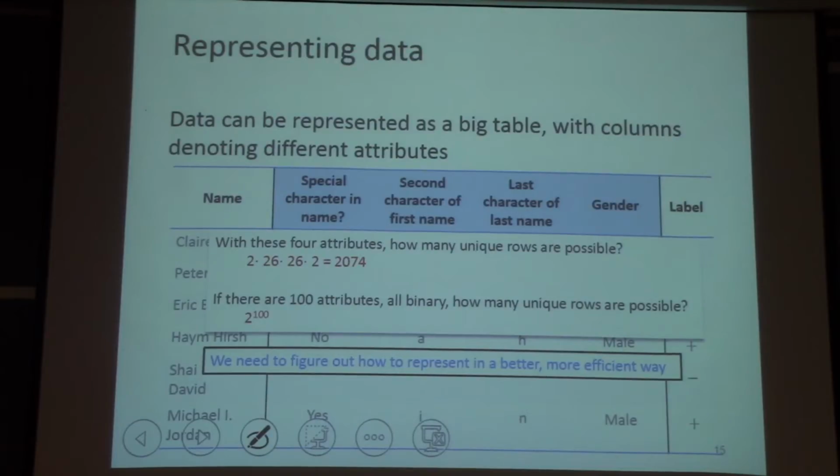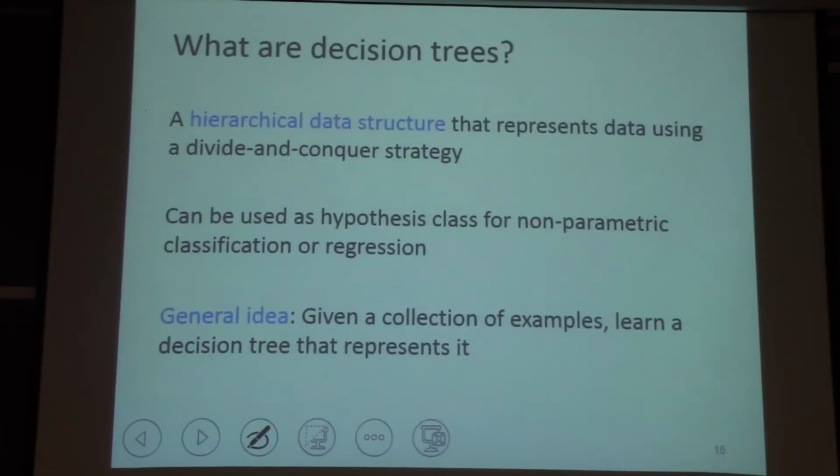There are many answers to this. One answer is to represent your data as a decision tree. Many of you might have seen decision trees at some point before in your life. How many people have seen decision trees? How many? Okay, I'm not going to ask how many of you have not seen because I bet some of you are shy.